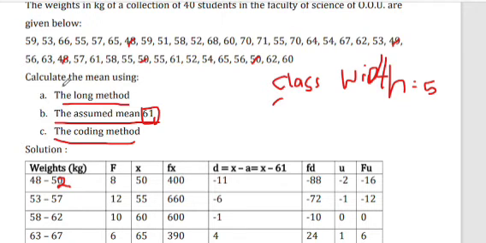So let's start again. 48, that's 1, 2, okay, 51 falls in between 48 to 52, so that's 2, 52 also 3, 4, 5, 6, 52 again, 7, and 8.